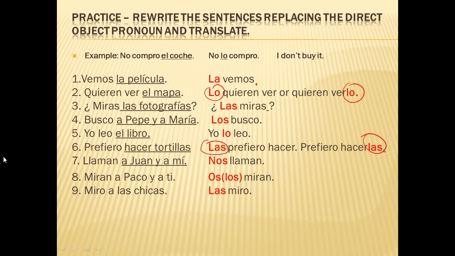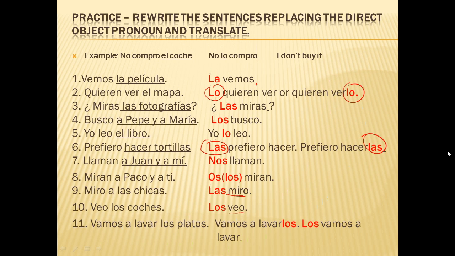That would probably make the most sense, rather than saying, we can't really use ustedes form here, that would be you look at you. Number nine, I see them, or I look at them. Actually, this one would be see. Look at, ver is to see. Number 10, I see them.